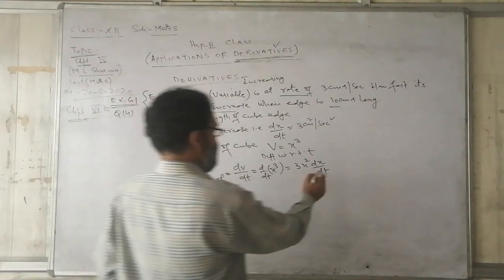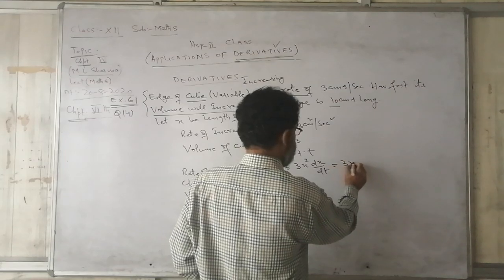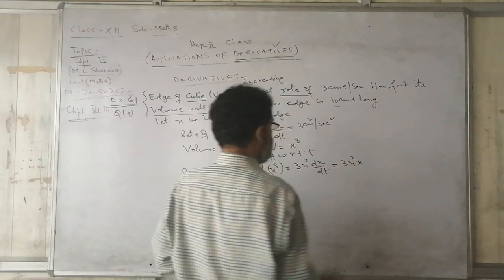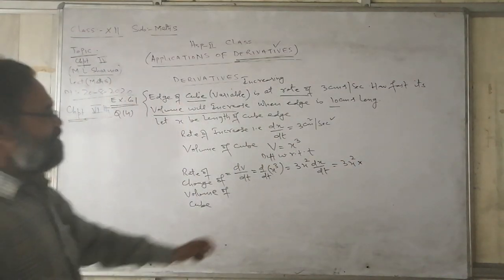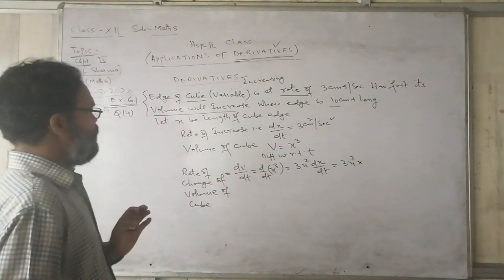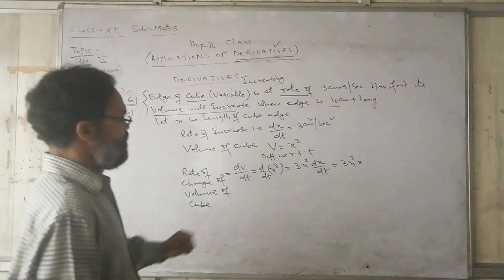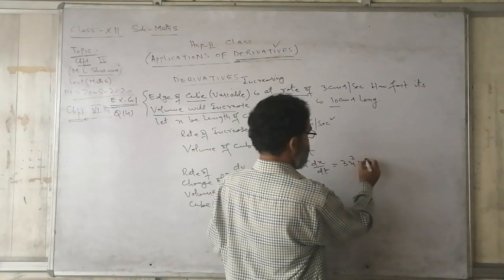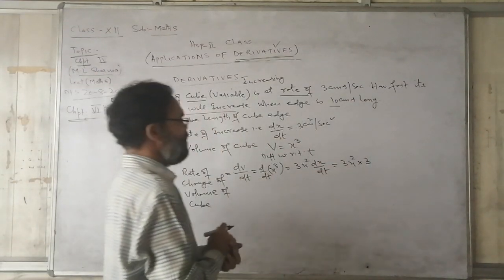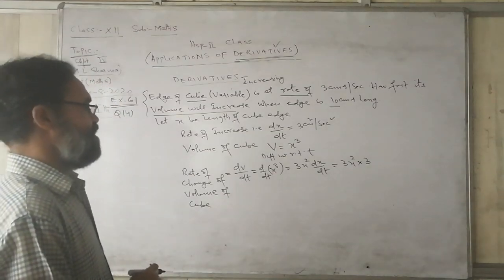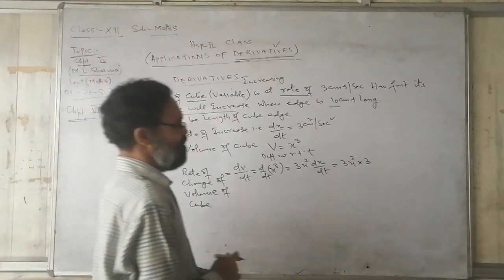Now I can write this as 3x square into dx upon dt, whose value, that is the rate of increase in its edge, is given to be 3 centimeter per second. So I can write its value 3 centimeters.